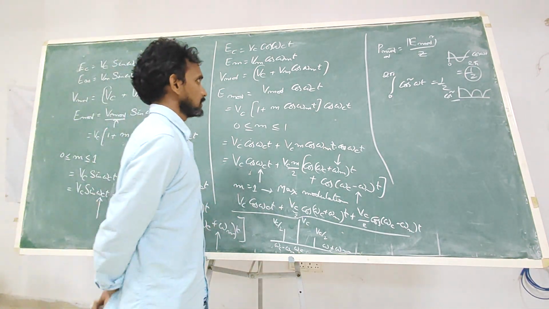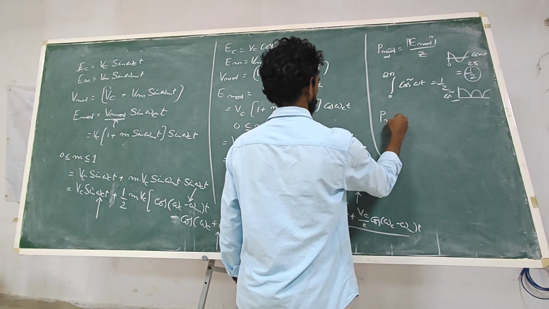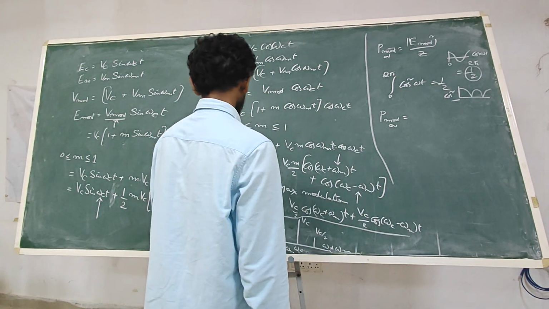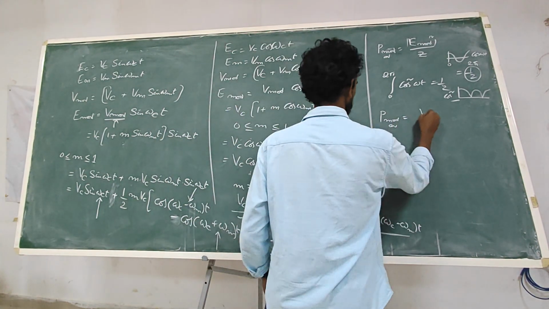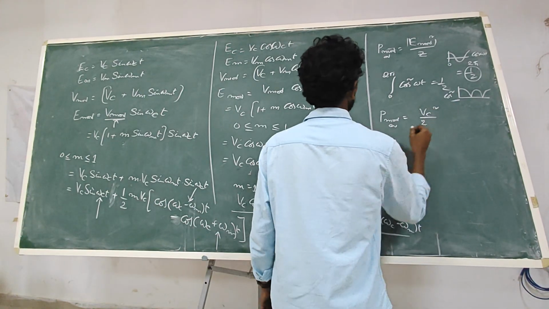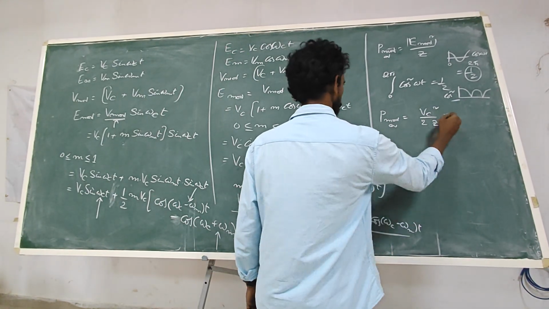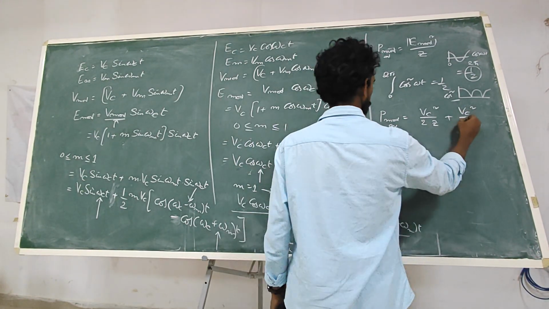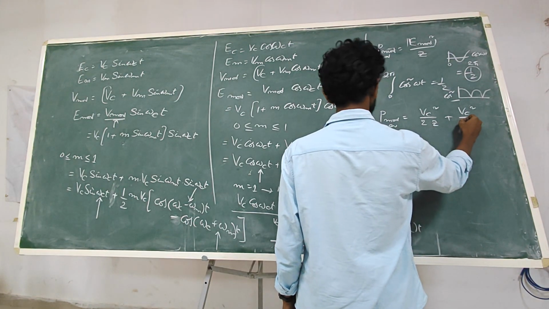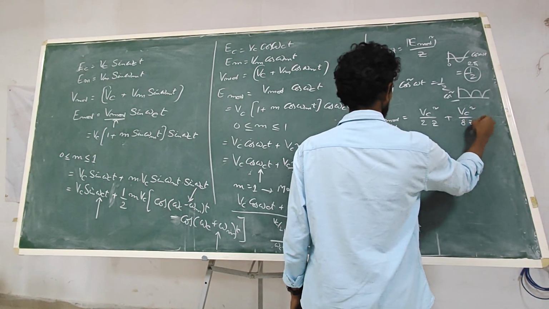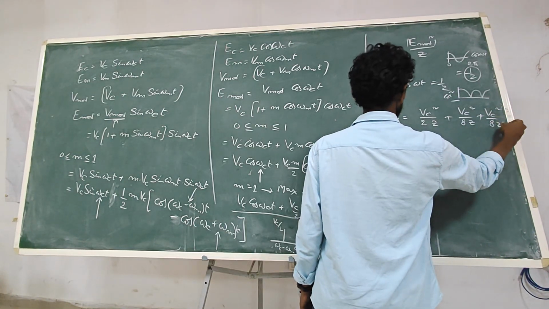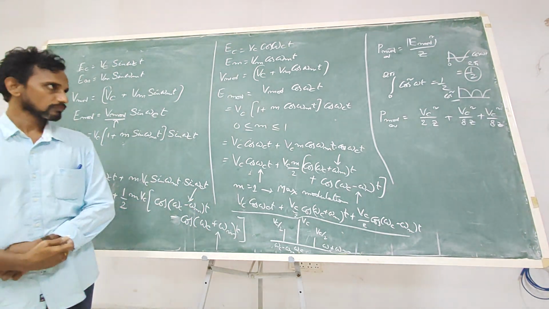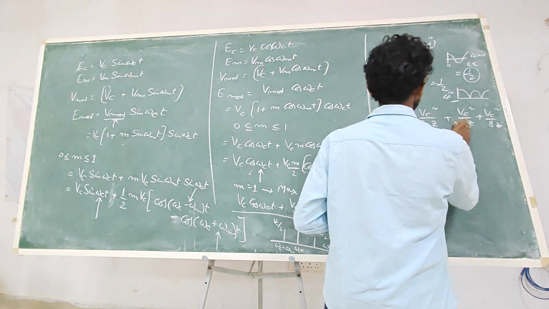So the total power is now Vc square by 2z plus Vc square by 8z plus Vc square by 8z, that is 2 into 4z.